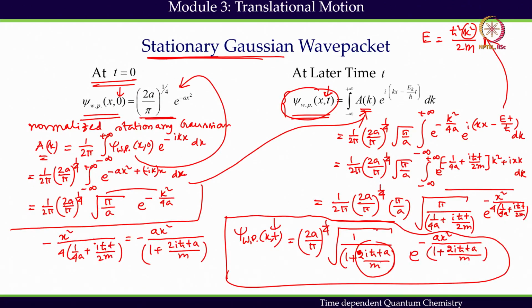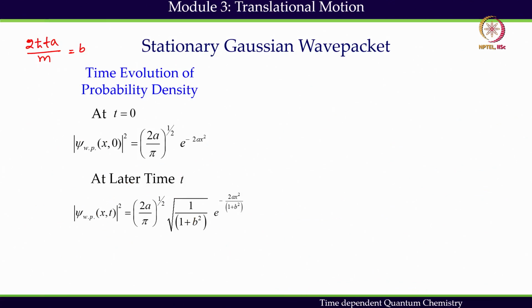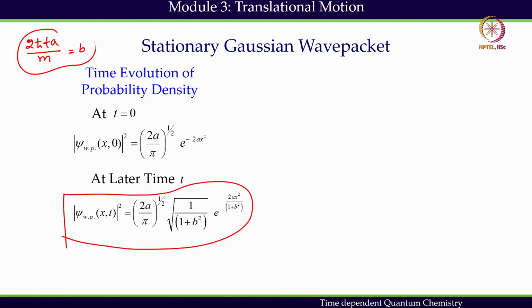So, this part can be represented in terms of b, this part also can be represented in terms of b, and that is the representation we have.